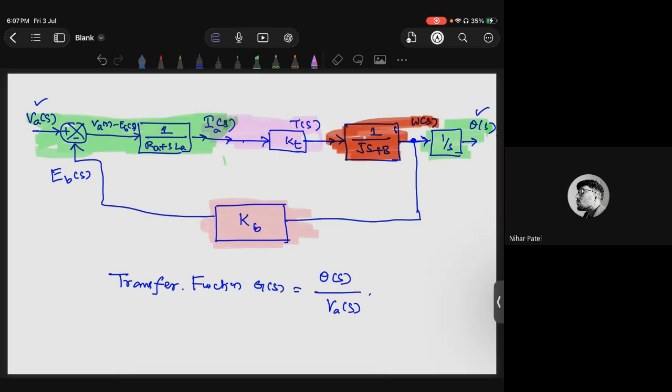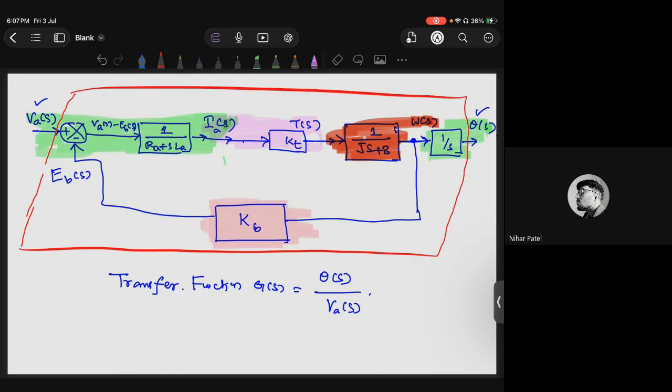Now the question is, since we have this much block diagram between output and input, where the input is VA of s and the output is theta of s, how do we find this transfer function?